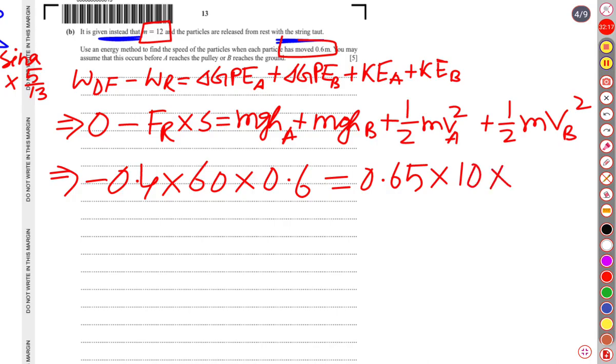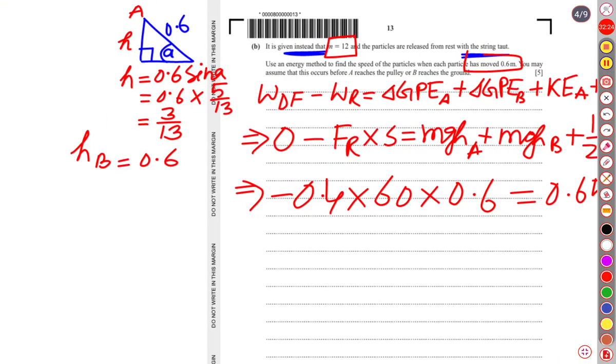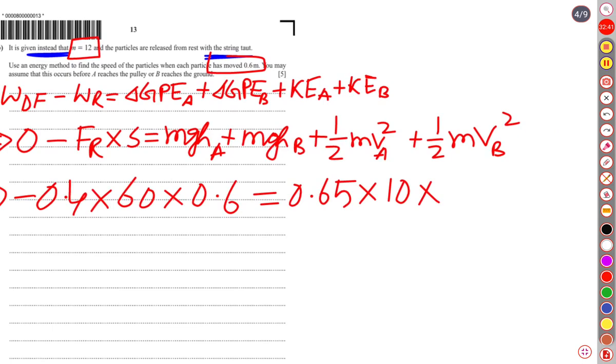Then h. We have already written that particle A was moving downward. How long? 0.6 meter. Actually, height means the difference between the initial and final height. Final height is 0.6 meter, so initial height was higher. Actually, it was moving downward, so it should be negative. So a negative symbol can be written over here.